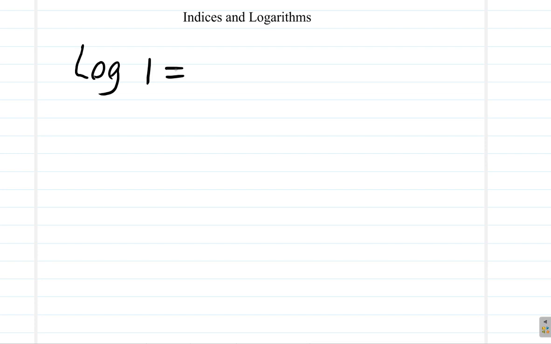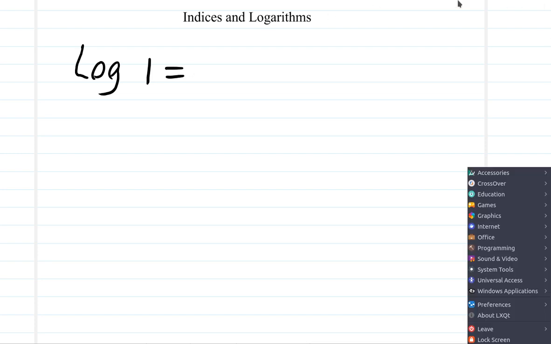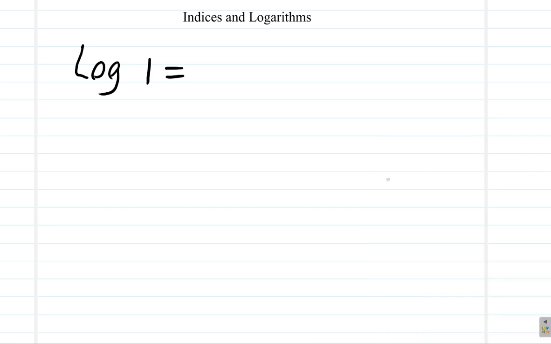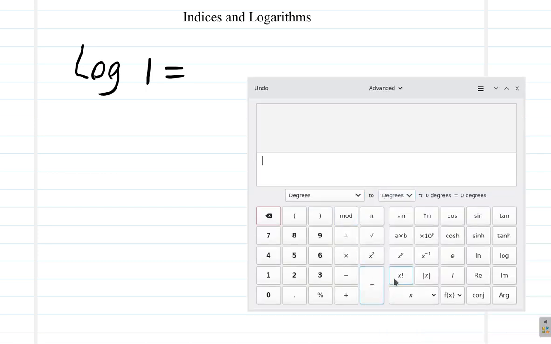Let's get our calculator and see something here. Remember, it's log that we're looking for. Log 1 equals 0. You get 0. Let's write that down.